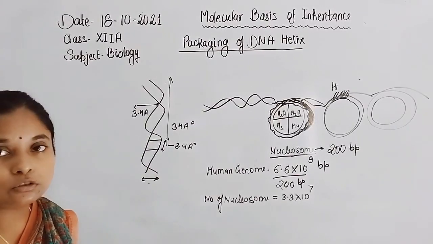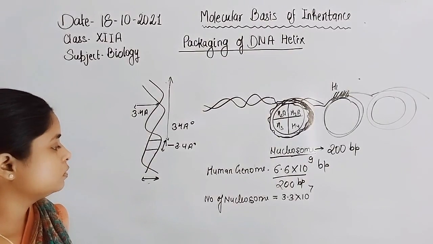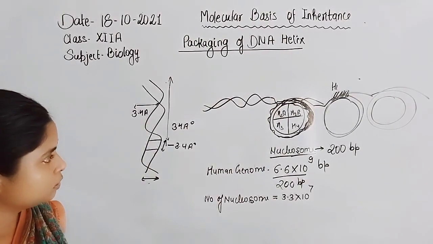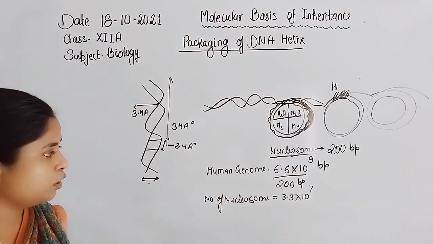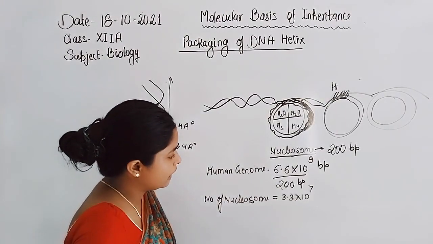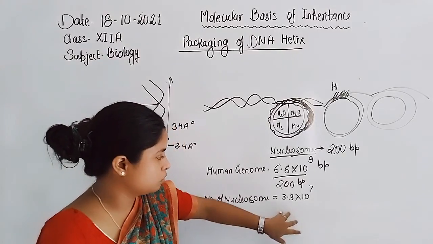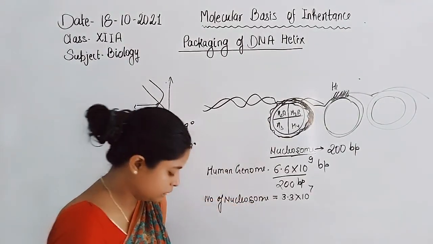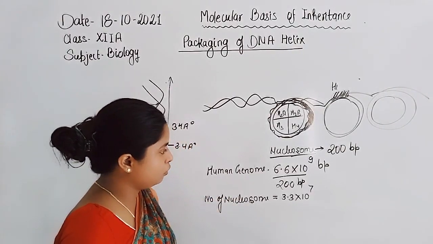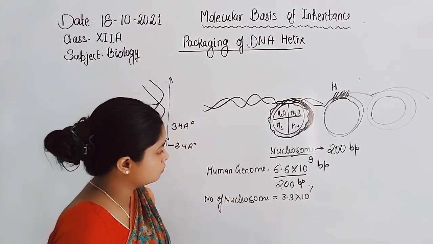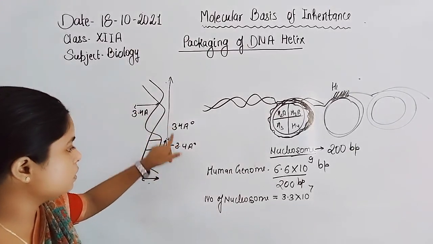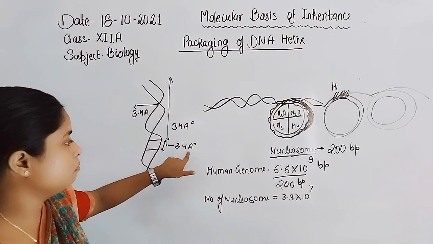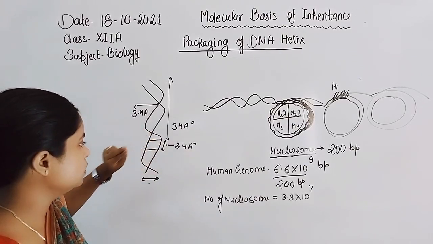Now, if we discuss the same question in another manner, the length of chromatin fiber can also be written in nanometers, because there is 3.4 angstrom length between two base pairs.